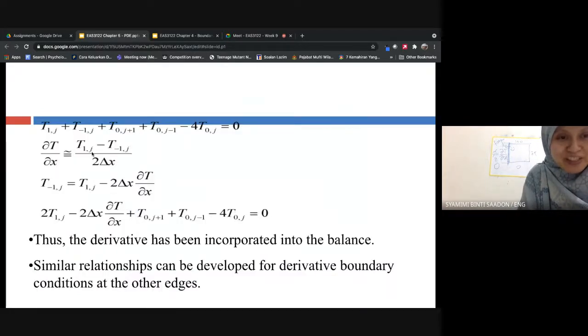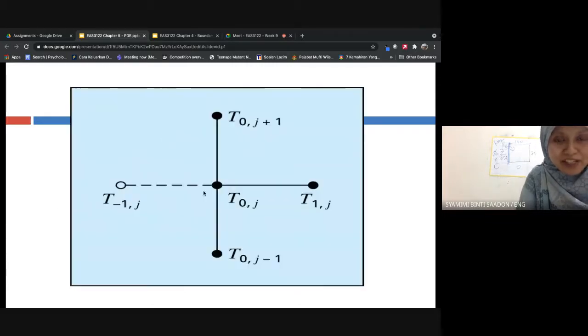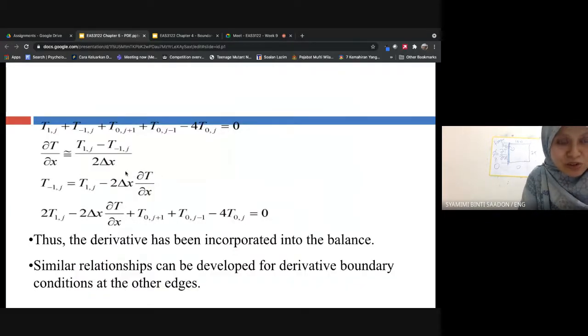This is the Laplacian differential equation from just now, and it is applied at this point T0J. Now we have an imaginary point which doesn't exist, at T minus 1J. Using the definition of the derivative, we can write this T minus 1J in terms of this.